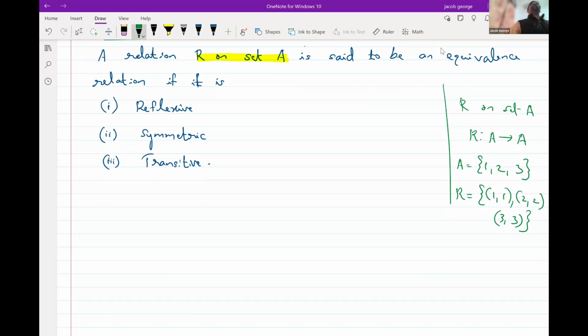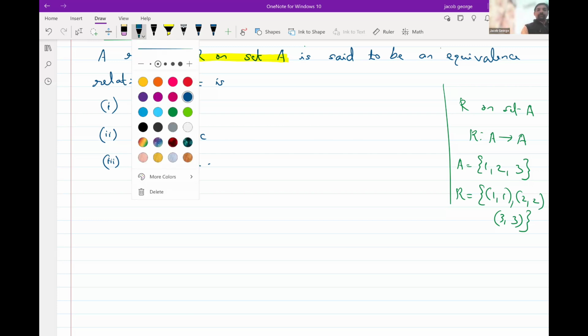If I stop at (1,1) and (2,2), it is not reflexive. For all elements of capital A, its image must be there. If A is 1, 2, 3, 4, what should the relation R be? (1,1), (2,2), (3,3) and (4,4). Every element of R will be an ordered pair because R is a subset of A cross A. In A cross A, all elements are ordered pairs. So please write. This is the reflexive definition.